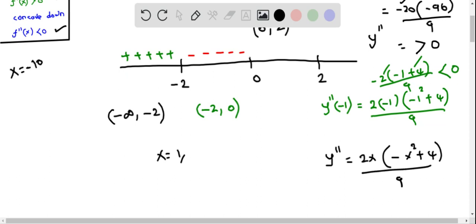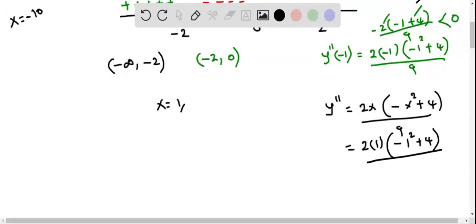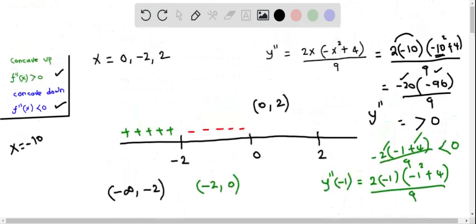So when you plug in x equal to 1, it becomes 2 times 1 times negative of 1 squared plus 4, over 9. So this is 2 times negative 1 plus 4, which is positive 3, divided by 9. So this is basically a positive number. So let me mark positive in this interval, that is from 0 to 2.